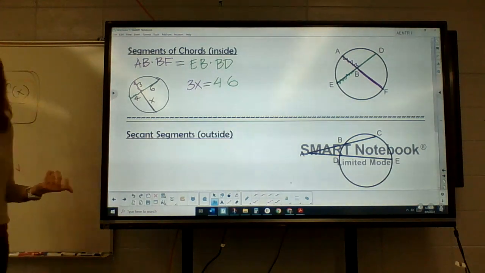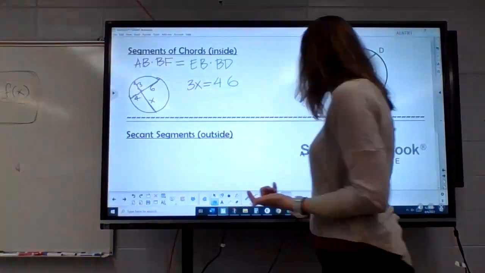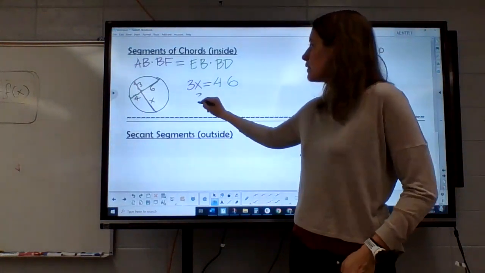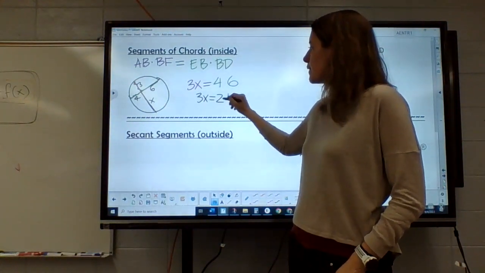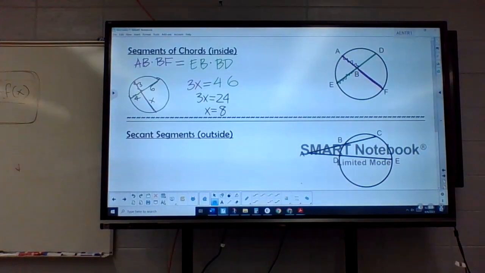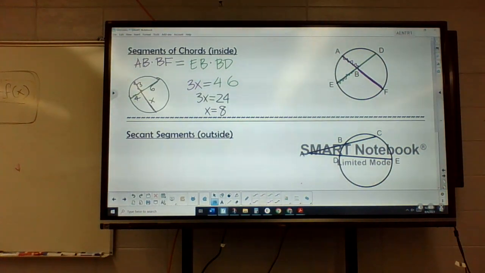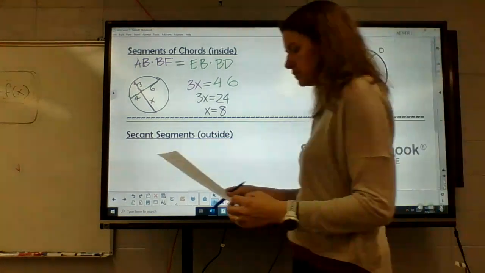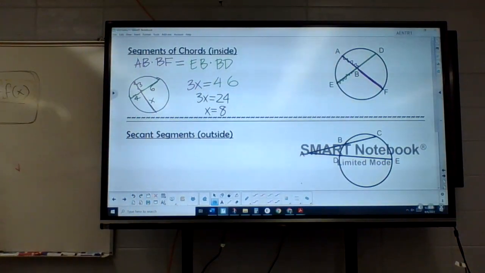So I have 3x equals 4 times 6, so 3x equals 24. I divide by 3, and we find out x would be 8 in this case. So that's just a little example to go with this problem.